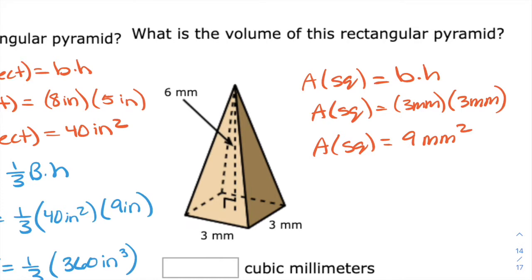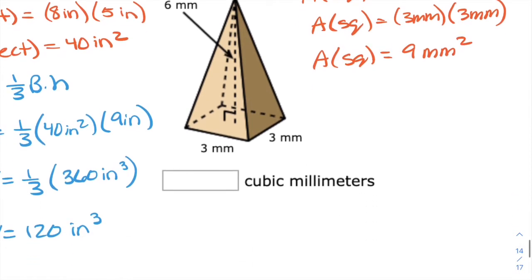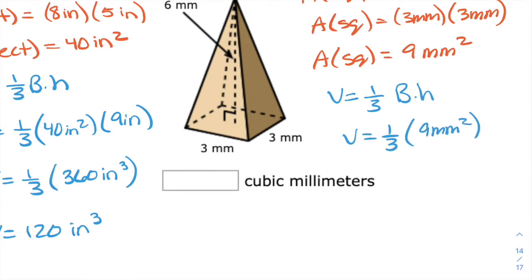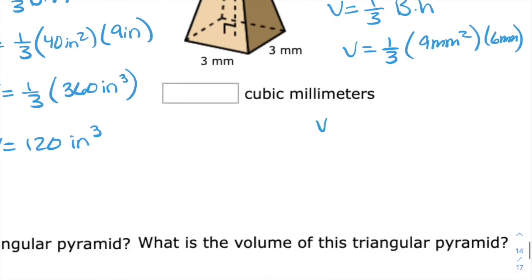Okay. And the next part is volume. So volume is 1/3 base times height. Volume is 1/3, 9 millimeters squared. And now the height of this is going to be 6 millimeters. So volume is 1/3 of 54, 9 times 6 is 54 millimeters cubed.